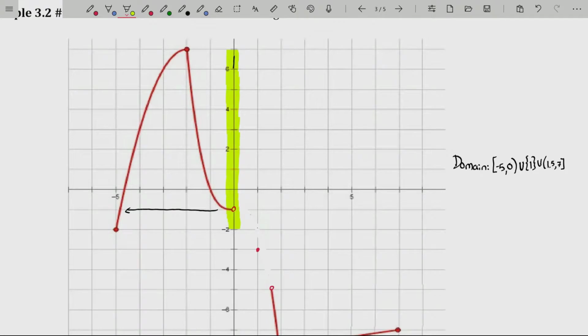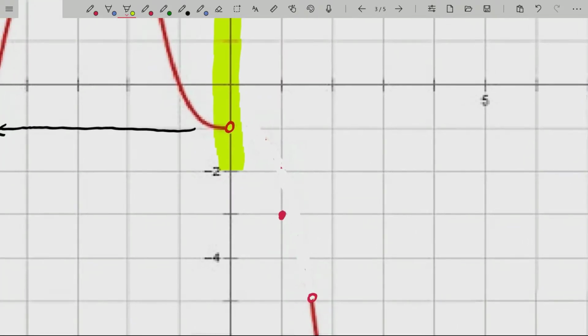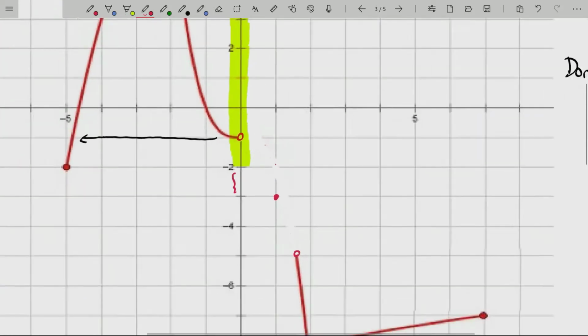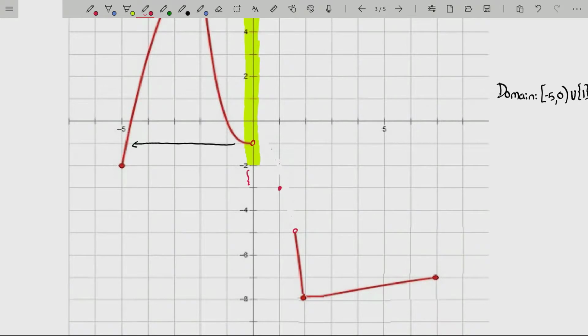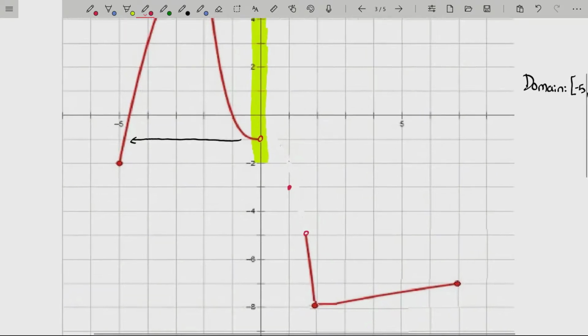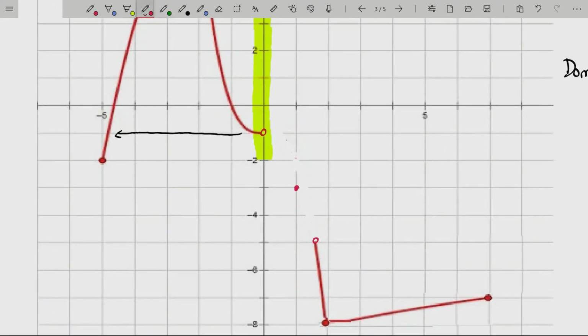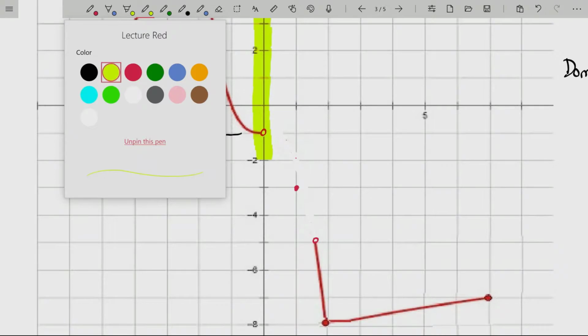Then it skips over a whole area right here. This region right in here is going to skip over because there's no function to the left or the right there. But then all of a sudden, just for a brief moment, at y equals -3, the function does exist. And as I mentioned before, my yellow highlighter doesn't really work.